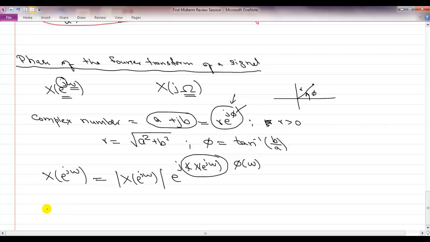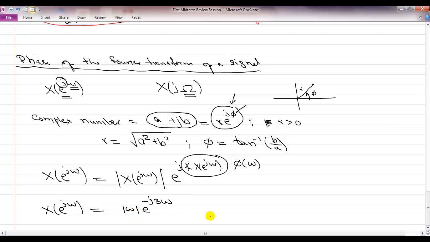So if, for example, my X of e to the j omega was equal to the absolute value of omega times e to the minus j 3 omega, well, this is already in that form that I talked about.